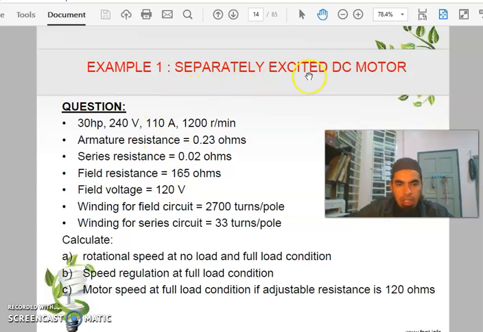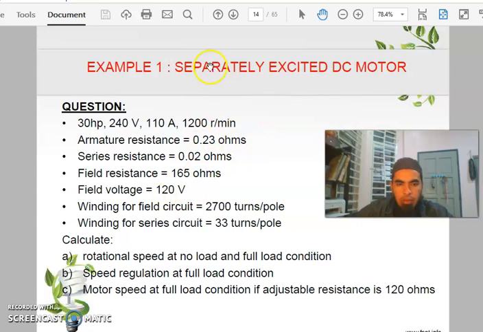That means we have a separately excited DC motor. The terminal voltage is 240, the field voltage is 120. Winding for the field circuit is 2700 turns per pole. Winding on the series circuit and stator circuit, we have 30 turns per pole.